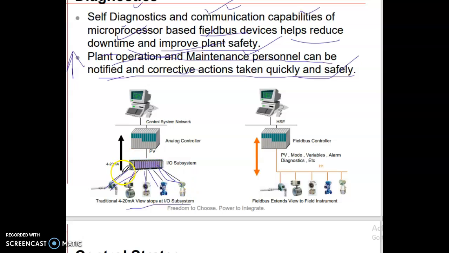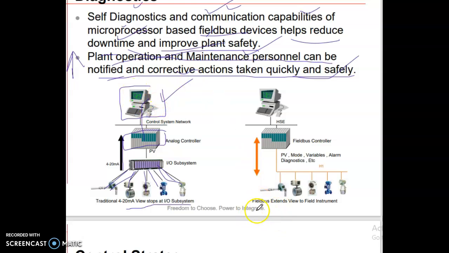From this IO system, 4 to 20 milliamps is connected to this analog controller, the pressure variable. Then it is connected to the control system network, and from here monitoring, DCS, otherwise SCADA, anything you can say.